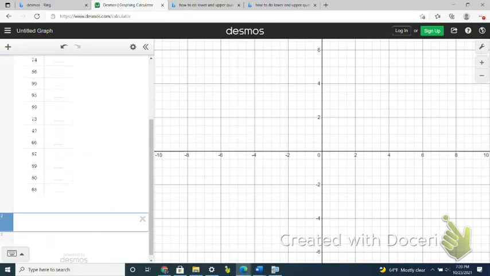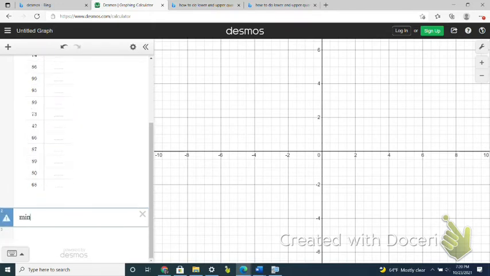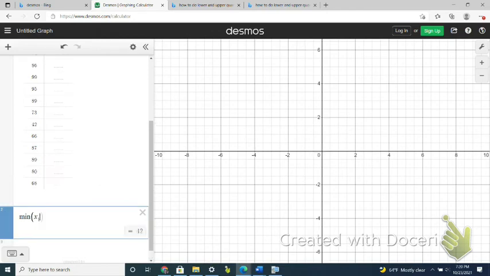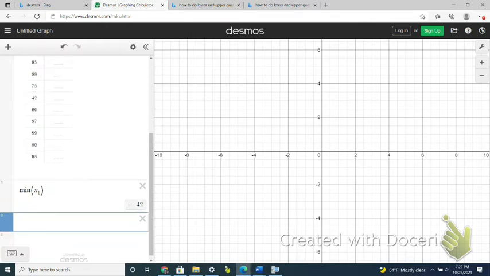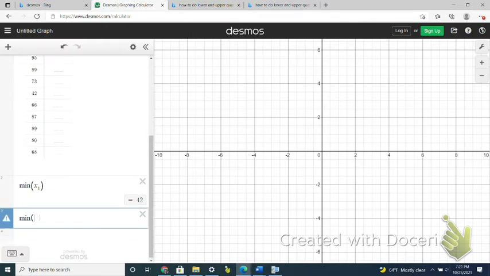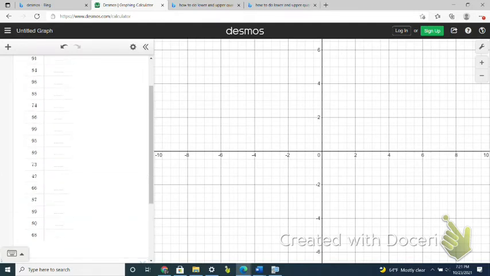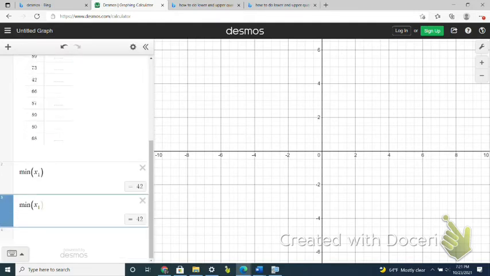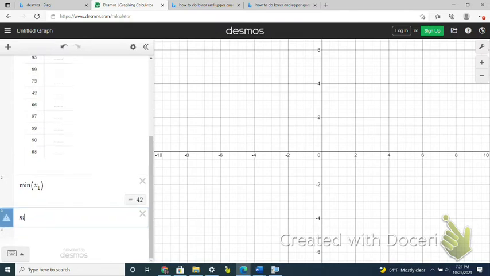Once we have our data points, now we're going to get our information. So I need my minimum. So I type min and then X1. It'll automatically subscript it for you. Okay, I'm going to type the maximum X1. Oops, sorry. Maximum X1.